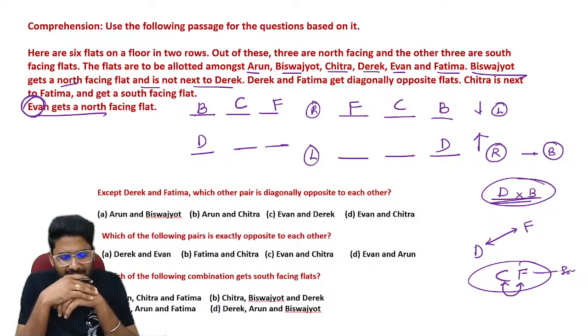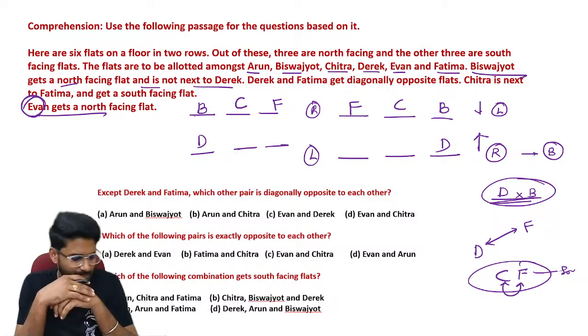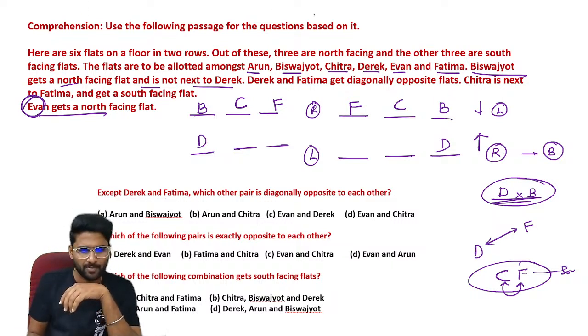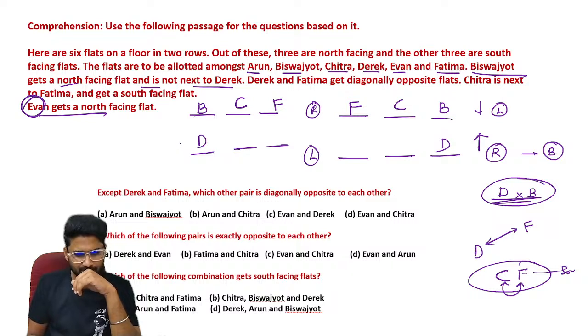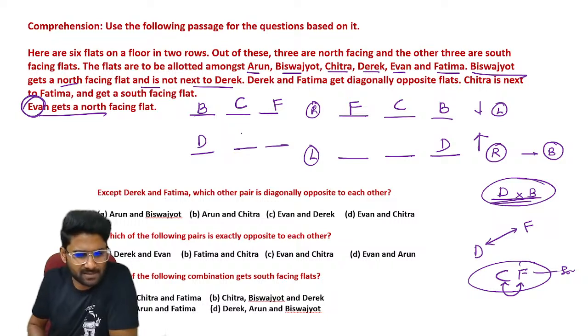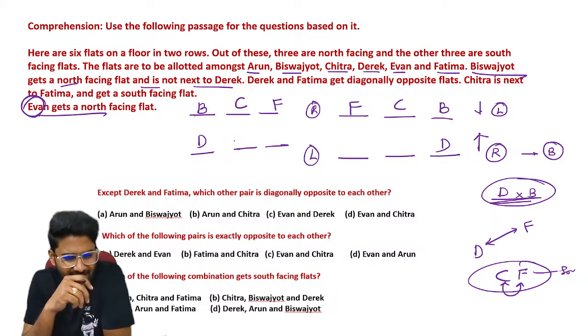B is not next to the D, so we have two possibilities. Then see, we have A left and E left.